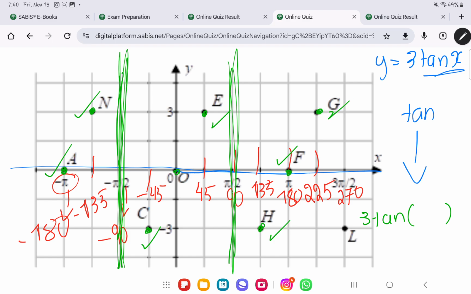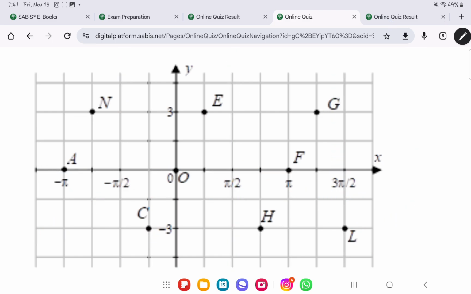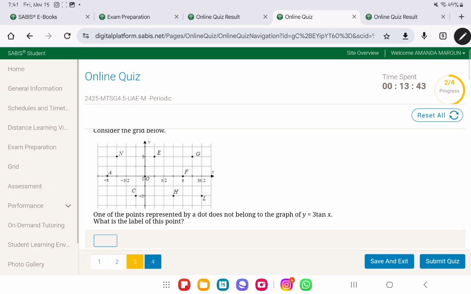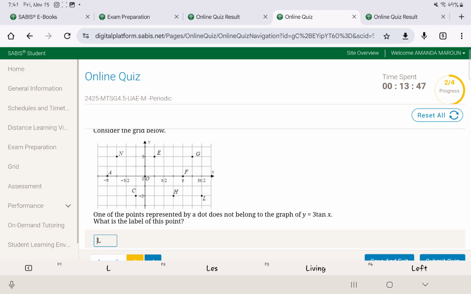But now 3 tangent 270 will give you error, and they put a point over here. So this over here is the wrong one, because there should be no points because it is an asymptote. Okay? So the wrong point, the point that does not belong to the graph, is L. Put it capital, please, okay?